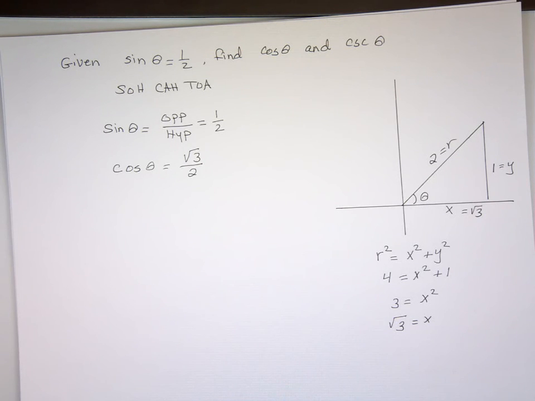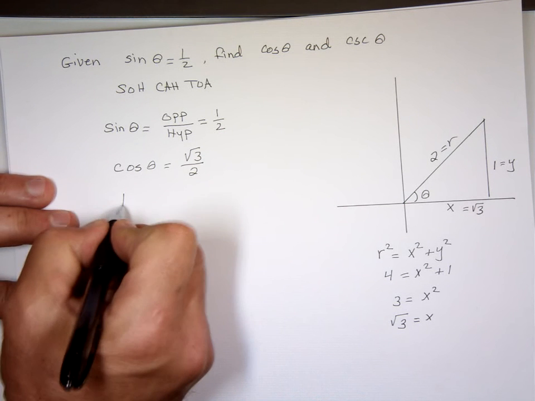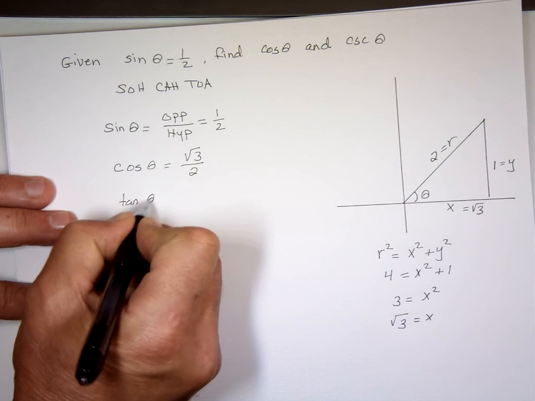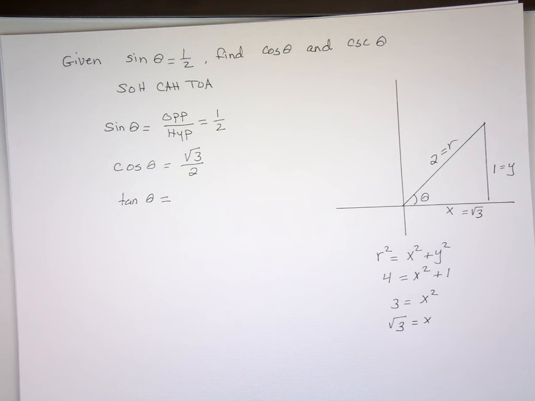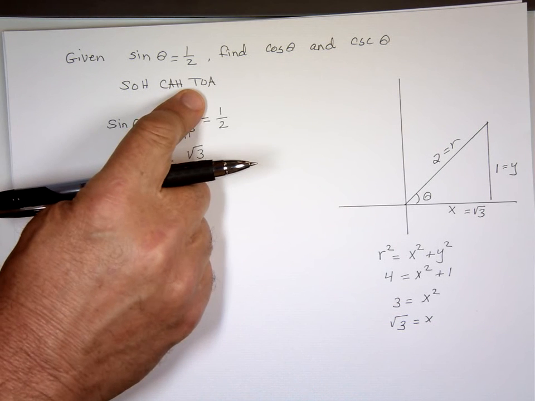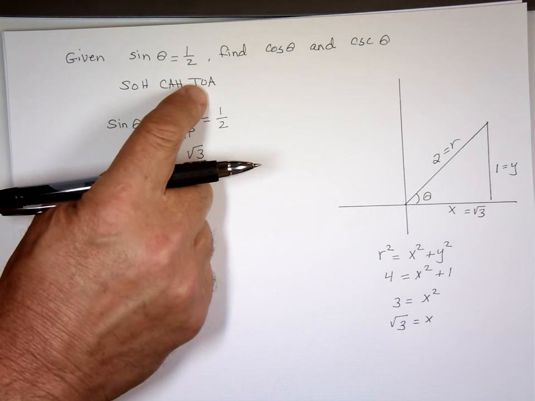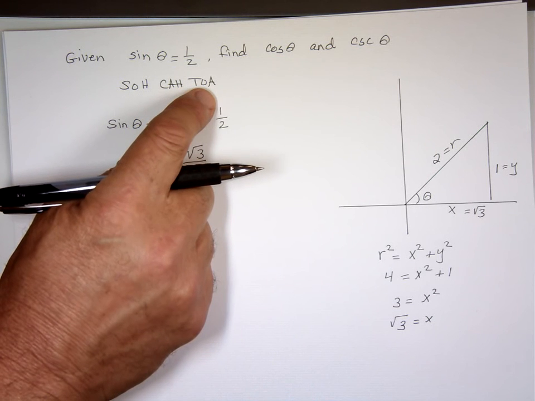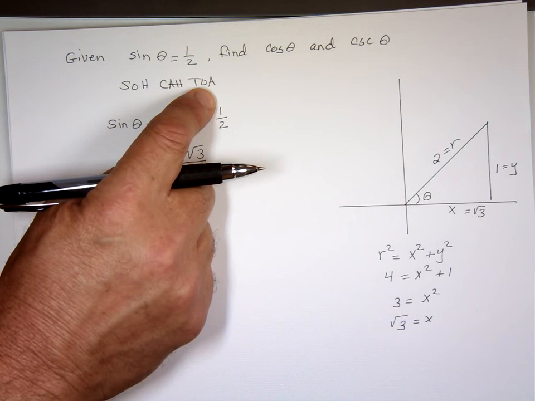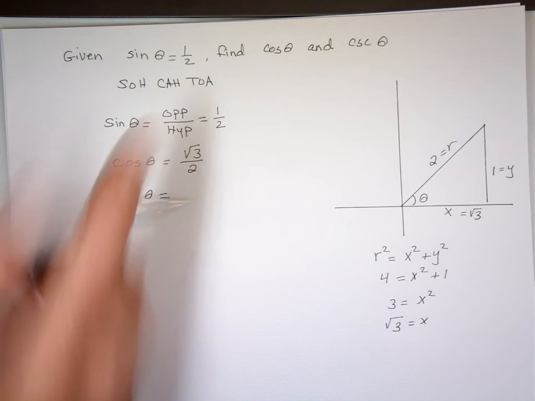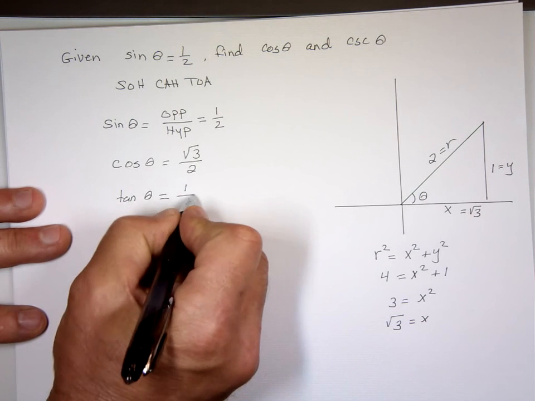Tangent. What's the tangent according to this definition? Opposite over what? Adjacent. What's the opposite? 1 over adjacent, the square root of 3. One little problem here.